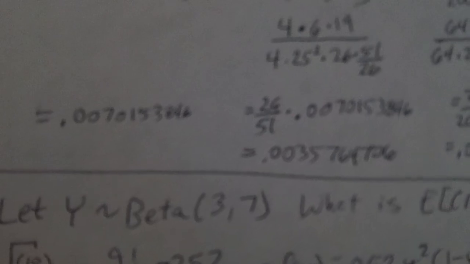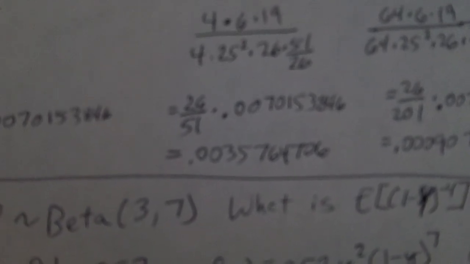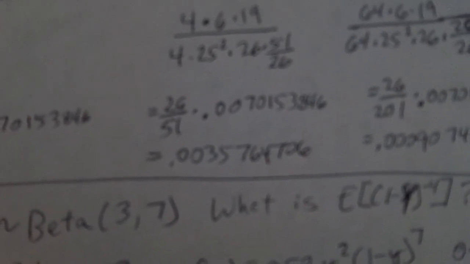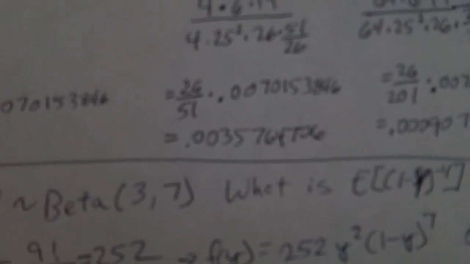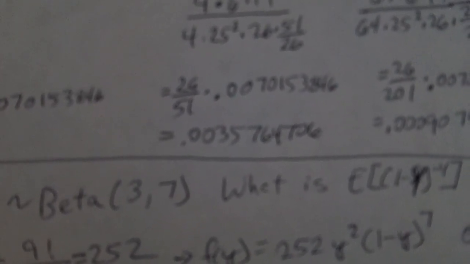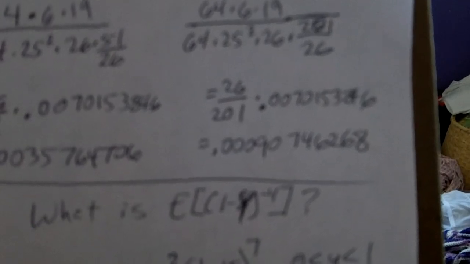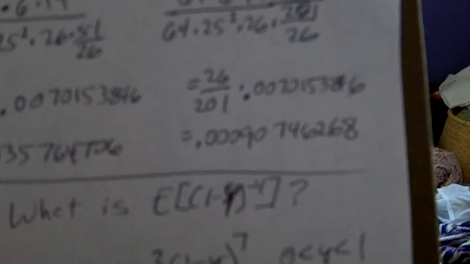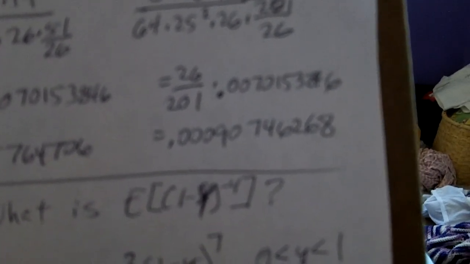What you effectively find is that when you double the values of alpha and beta, you get a variance that is approximately a half of the variance in the (6, 19) case, and when we multiply by 8, the appropriate coefficient is 26 over 201, so this is approximately 1/8 of the variance in the (6, 19) case.